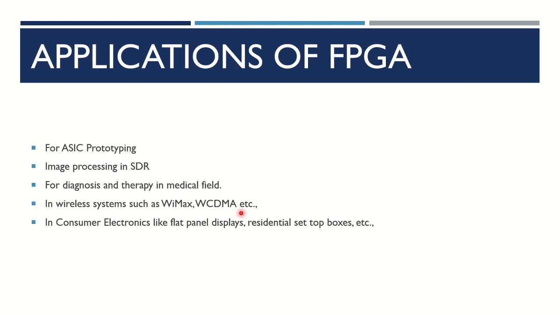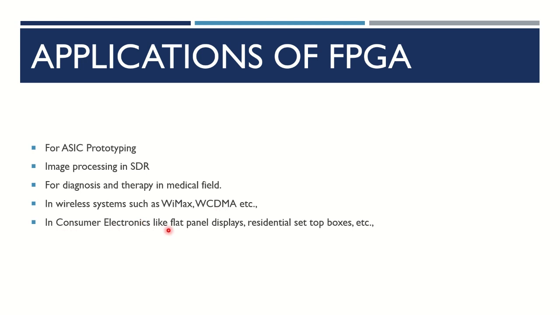Applications of FPGA: it is used for ASIC prototyping, application specific integrated circuit programming, image processing, in SDR, and for diagnosis and therapy in the medical field, and in wireless systems such as WiMAX and WCDMA.